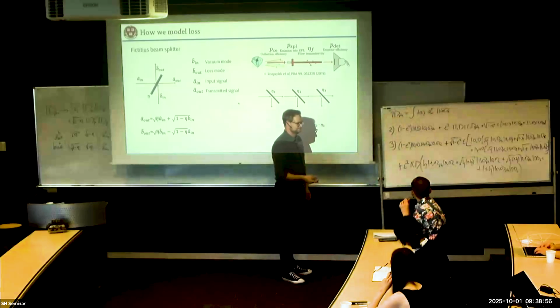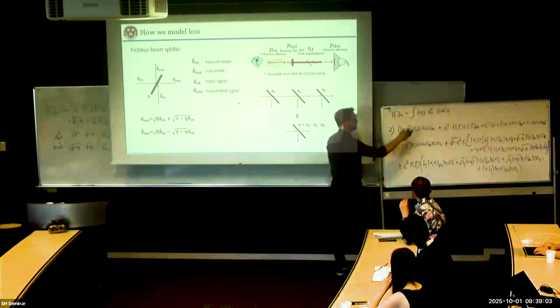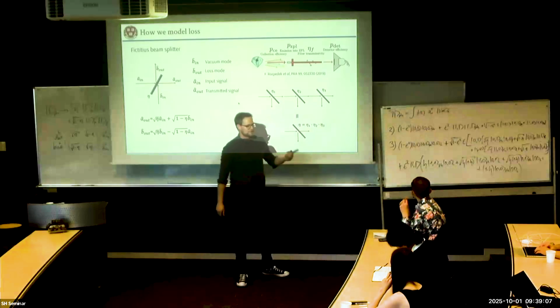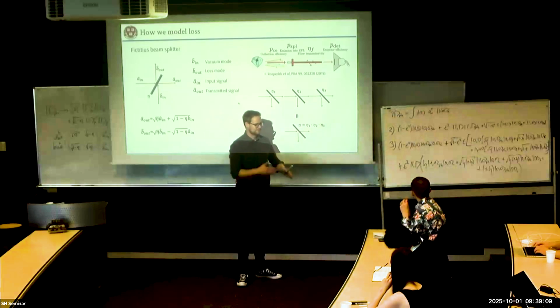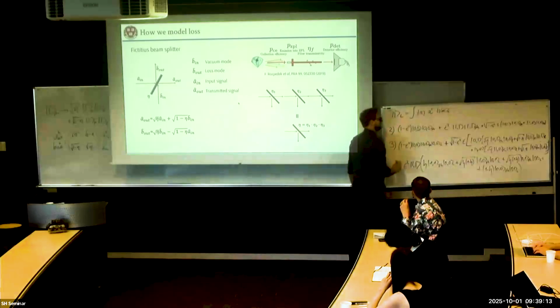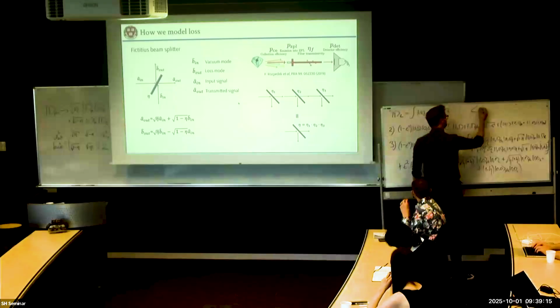I could do that. And now, for example, these X could be different spatial directions that I could lose into and whatnot. Of course, this would be normalized. But this is fine. I haven't really specified to you what the loss mode is. I'm just saying it's something that is orthogonal to our collected mode.